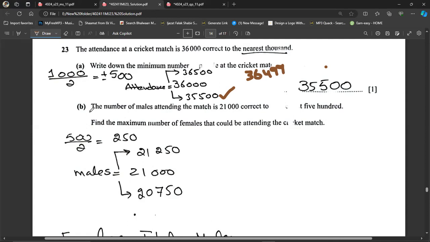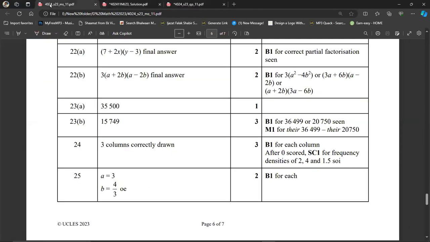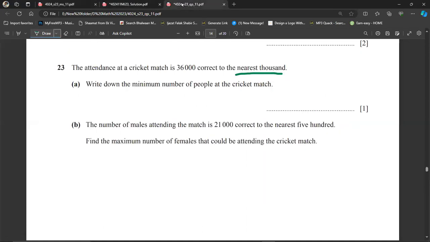Let me check the A part, then we will go to the next part. The number of males attending the match is 21,000, correct to the nearest 500. Find the maximum number of females that could be attending the cricket match.